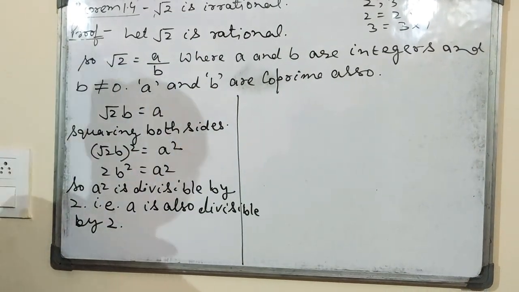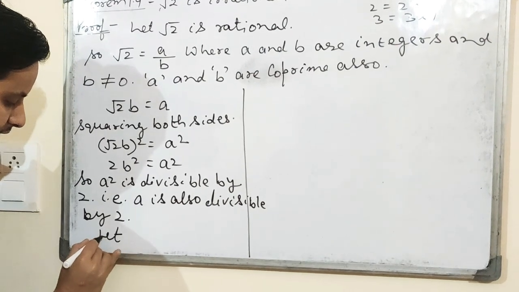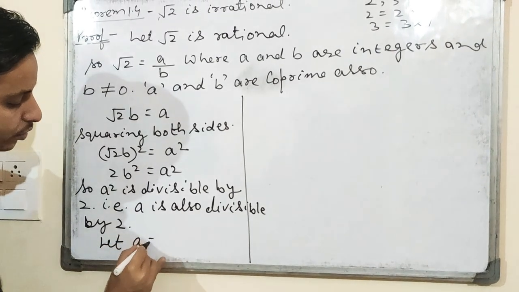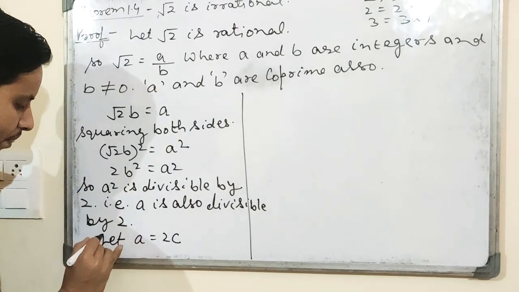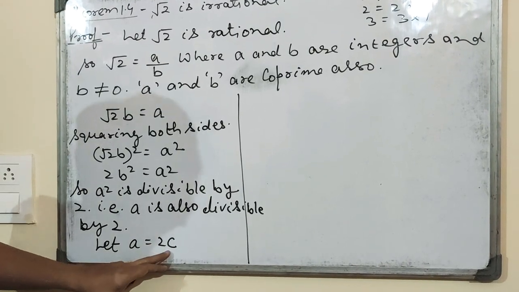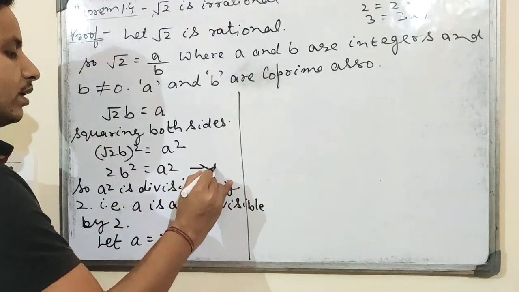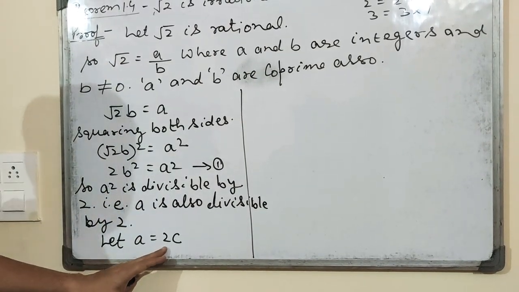Now students, if a is divisible by 2, then I can take a equal to 2c. Let a equal to 2c, and I put this value a equal to 2c in equation 1.